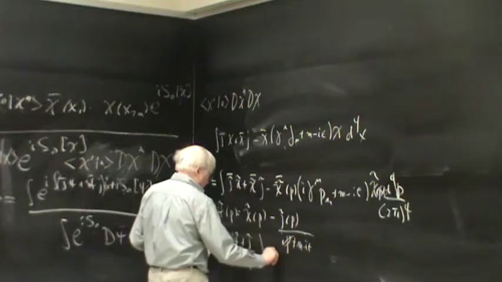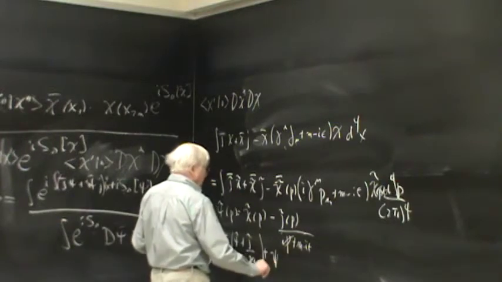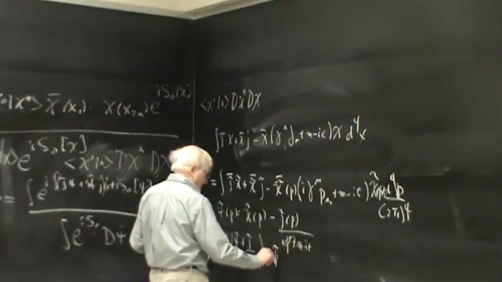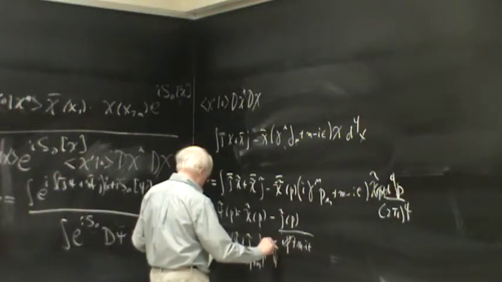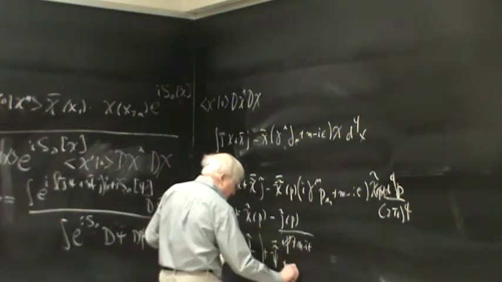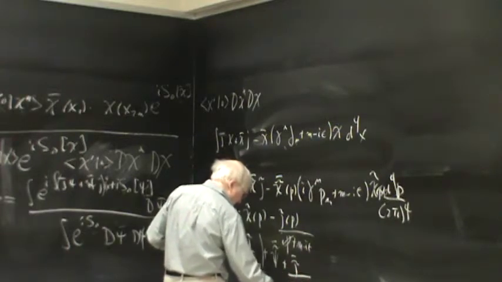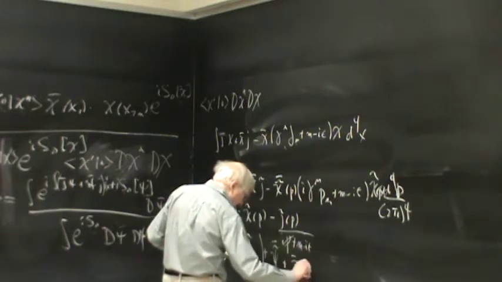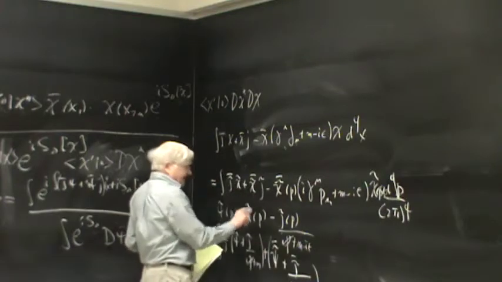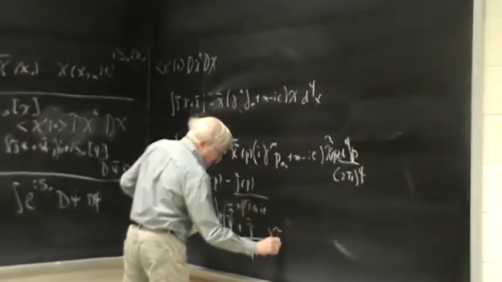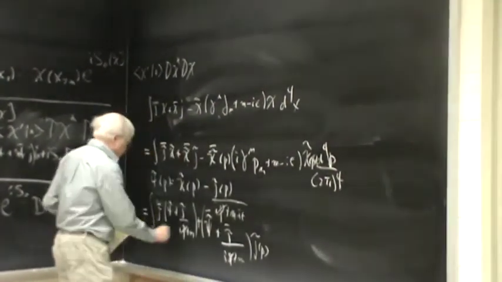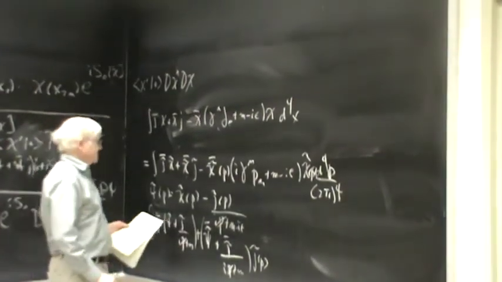Plus psi tilde bar plus j tilde bar over i p-slash plus m, that times j tilde of p, just to keep that straight.